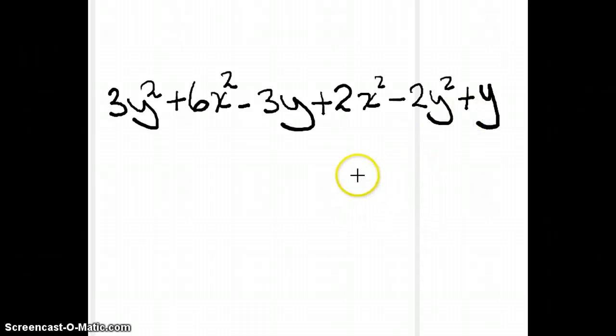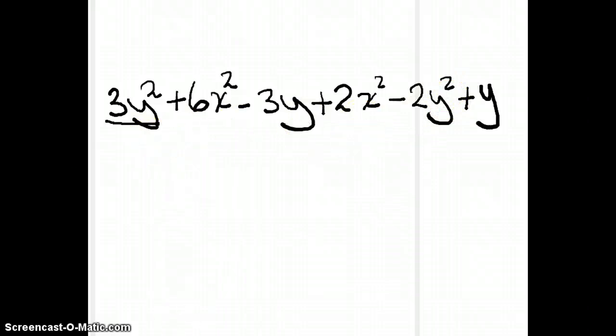Well, you can see that's quite a mess. But let's just go through. We can either start with the greatest exponent, like I said, or we can just start with the very first quantity. 3y squared. Now I'm looking for just y squared. 3y squared. No. No. No. Yes, that's a y squared.